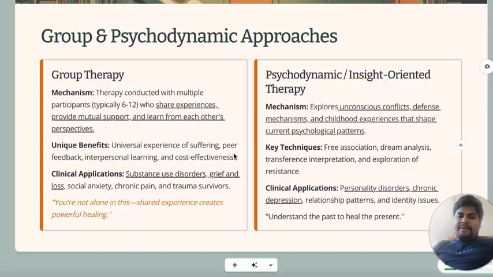Now next is group therapy. In this therapy, there will be 6 to 12 different people in a group who have had similar life experiences, especially for substance use disorder or grief and loss cases, in which the individual members in the group will have substance use disorders or will be in grief or in loss, and then they all come together, motivate one another, provide mutual support, learn each other's coping mechanisms, and hence navigate through those difficult times.